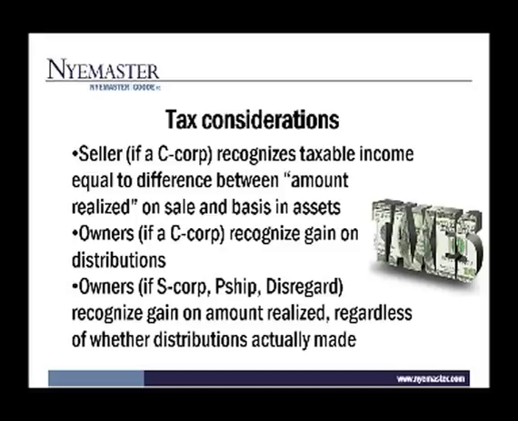It's like the seller's stockholders have basically sold their stock in exchange for the sale proceeds, so they'll just have capital gain. If it's an S Corp, partnership, or disregarded entity, then without the C Corp level taxation, they're going to recognize gain on that amount realized regardless of whether distributions are actually made.